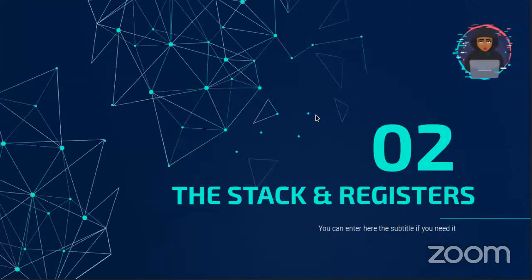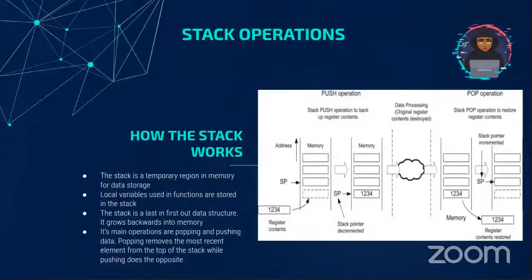Okay, so now we have a section covering a very important thing in memory, stack and registers. We'll start. The stack is a last in, first out data structure, as most of you may know. Like a stack of plates, elements are usually added to the top, and to remove elements, you take the top element out first. These two operations are known as pushing and popping data.